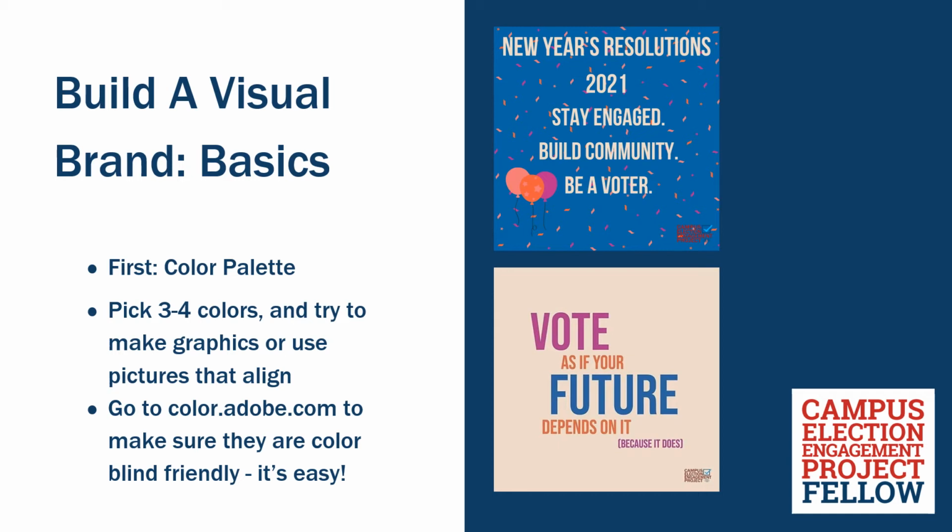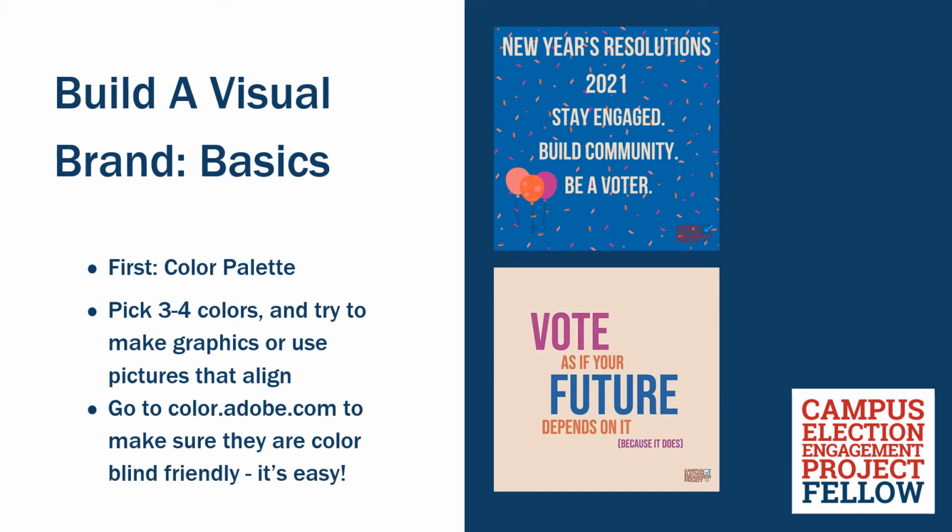They have a lot of templates that are really easy to use and they can help you pick a color palette. So for your color palette, pick 3 to 4 colors and try to make each graphic or picture align with that color palette you've chosen. Go to color.adobe.com to make sure that they are colorblind friendly. It's really easy to do. Make sure you stick to 2 to 3 fonts.